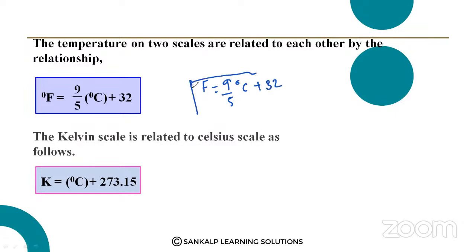Then how the Kelvin scale is related to the Celsius scale is this. These two are also important, and problems are asked based on them. One of the temperatures is given and you have to find the other, for example Celsius is given and you have to find Kelvin. Like this, questions are asked.